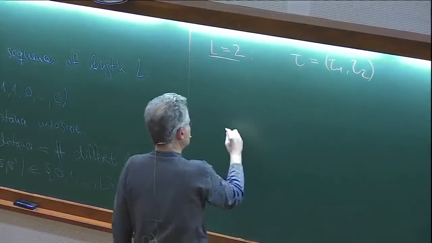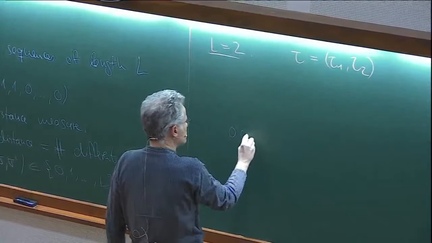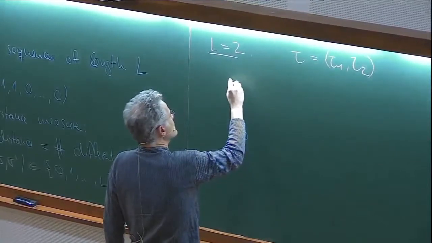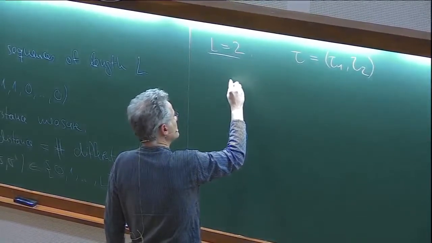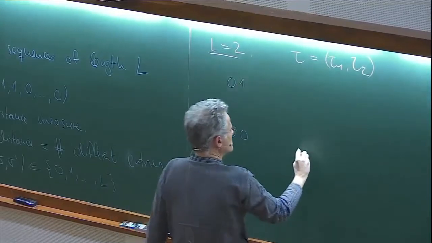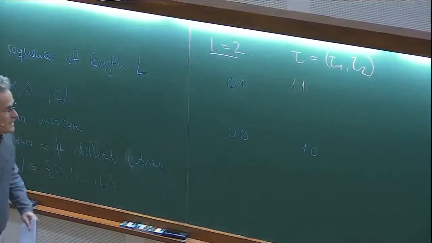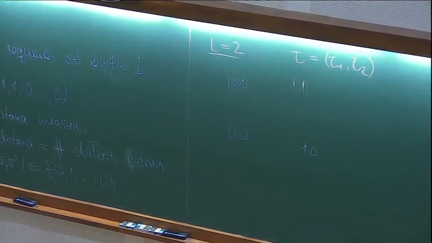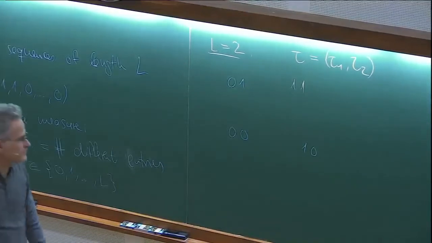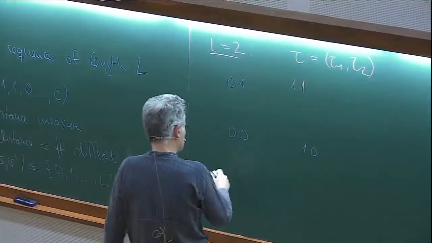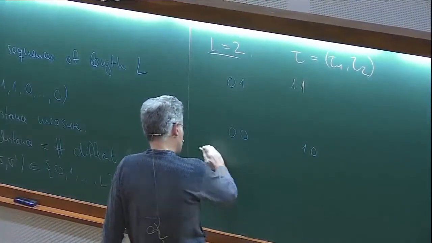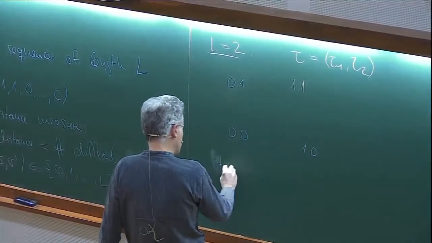And so the sequences that we have are 0, 0; 0, 1; 1, 0; and 1, 1. Okay, so these are all the possibilities. And now we can make this into a graph by drawing a line between sequences when they are at distance 1. This will be called a Hamming graph.